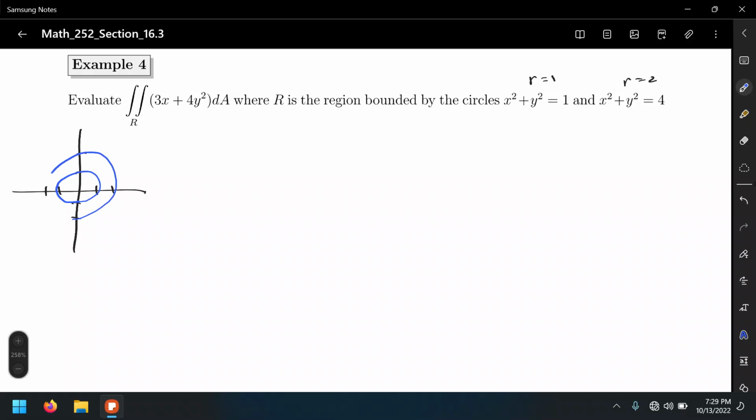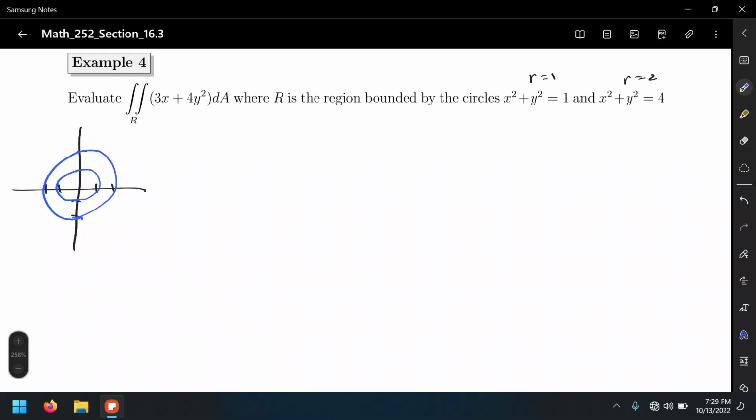And so those are the two circles. All right, so in this case, let's convert this integral into an integral in the world of radius and angle, no longer an integral in the world of xy.